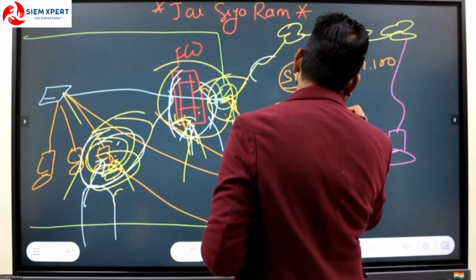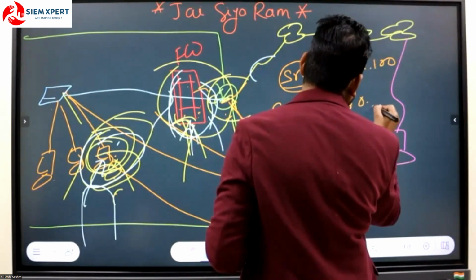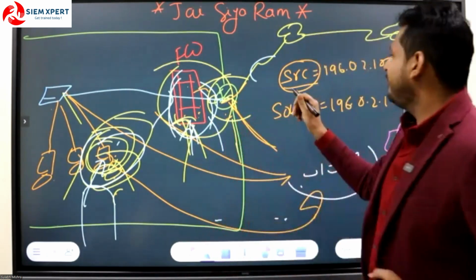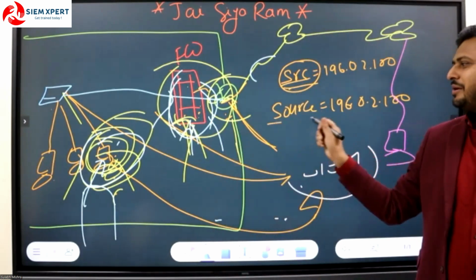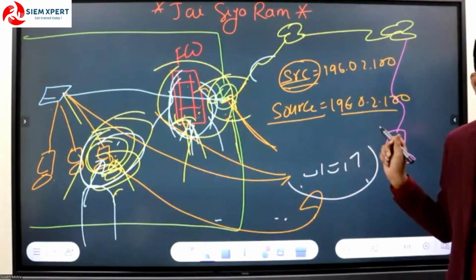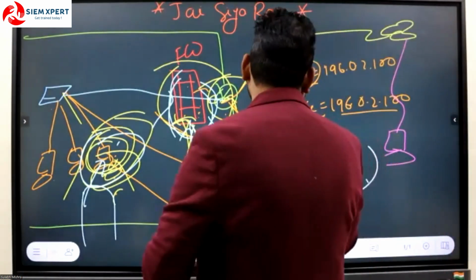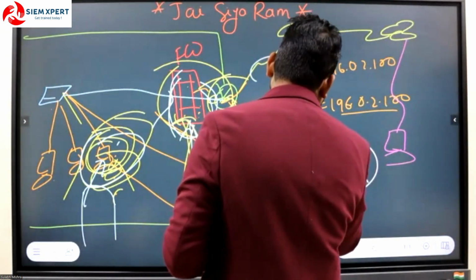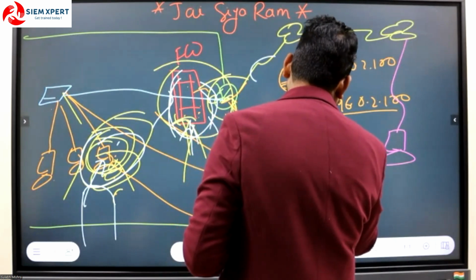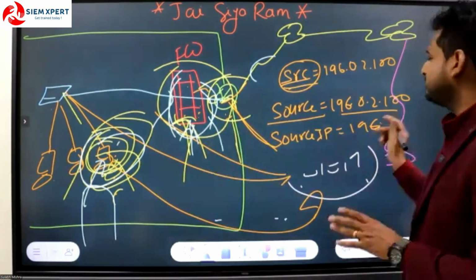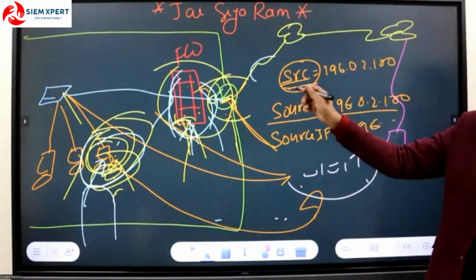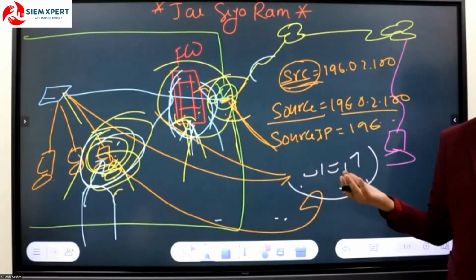Source is equal to 196.0.2.100. What do you mean by SRC? Source IP. What do you mean by source? Source IP, right? And some other devices use, for example, source IP is equal to 96. All are source IP only, but the names are different.